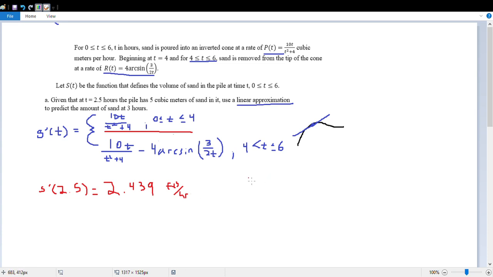So a linear approximation, if we use this equation here, y minus y1 equals slope times x minus x1. I'm simply just going to move the y1 over to the other side.